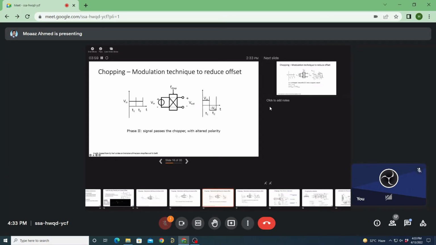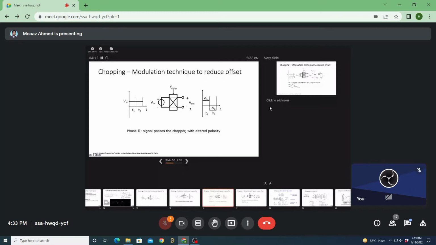Anyway, the thing is, we pass the signal through one set of switches, followed by the other set of switches. Since the polarity is reversed, we see the same signal for the next half period with opposite polarity.